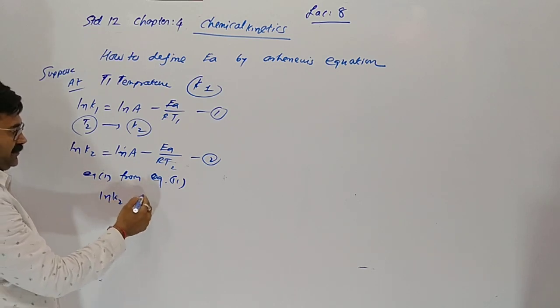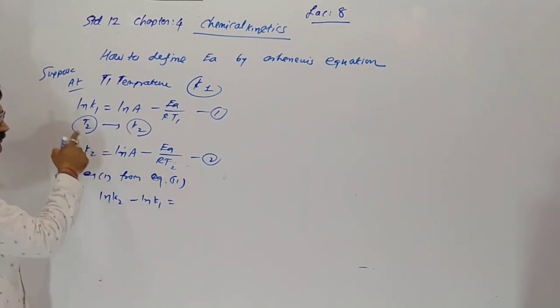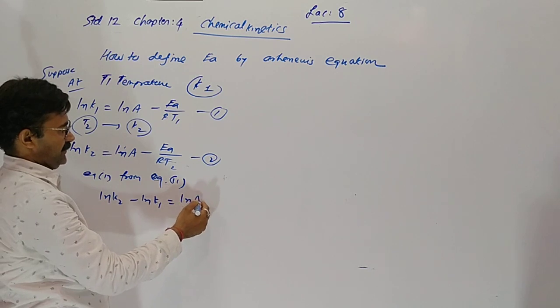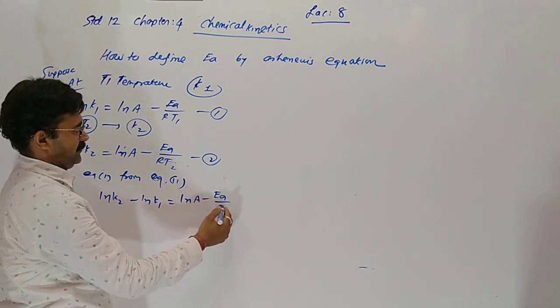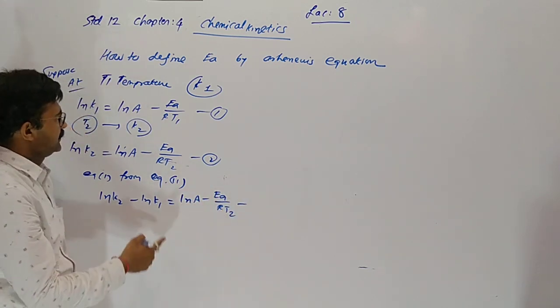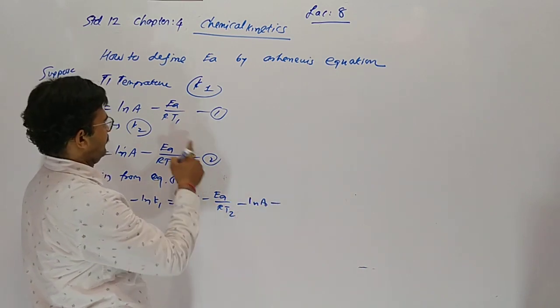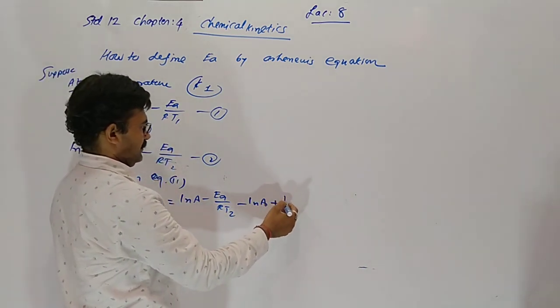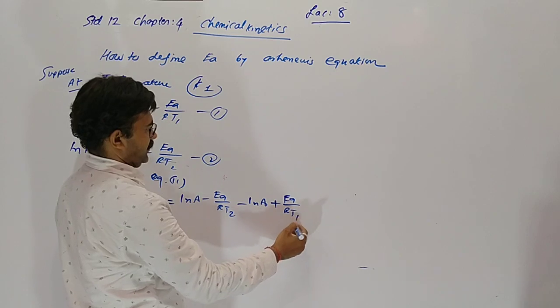So ln k2 minus ln k1 is equal to ln A minus Ea upon RT2 minus ln A, minus minus plus Ea upon RT1.